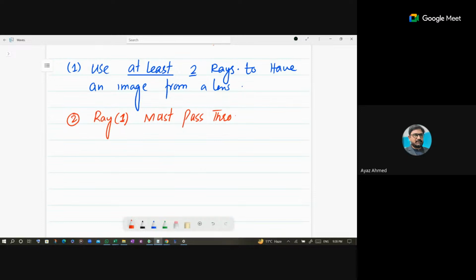Ray 1 must pass through C. What is C? The center of the lens, without bending.